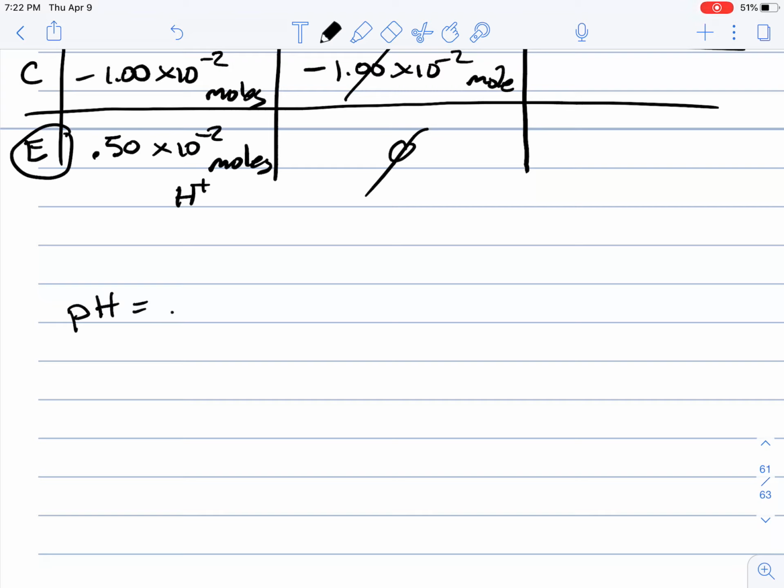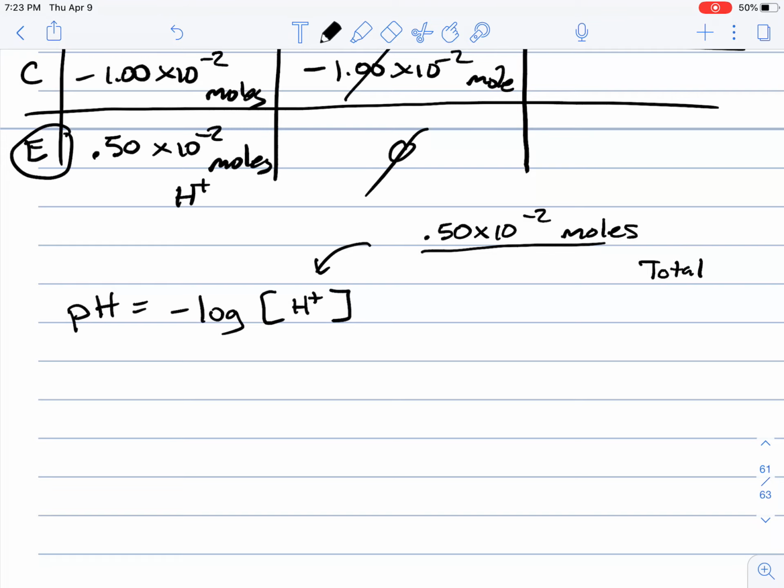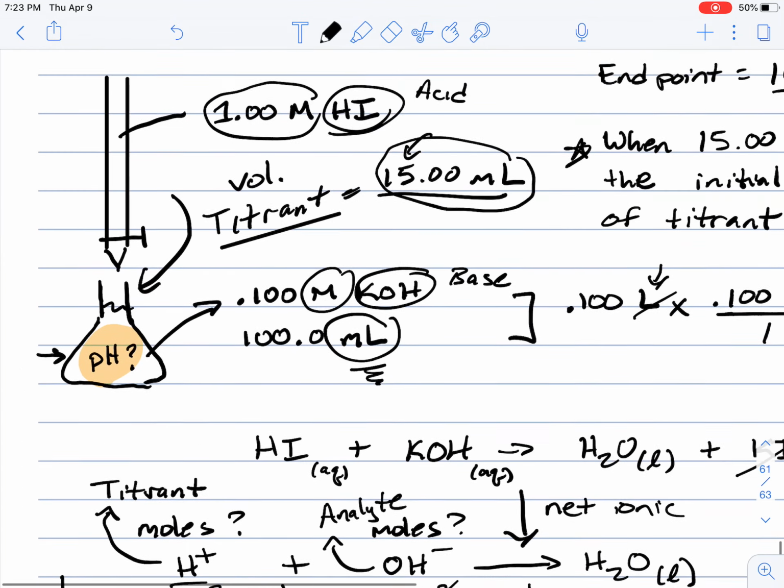But before I do so, I need to make sure that I convert all of my amounts in terms of molarity. And so I'm going to take that 0.50 times 10 to the negative 2 moles and divide it by the total volume. So let's look at what's happening.